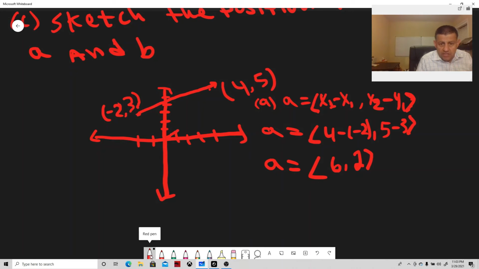I'm going from the origin to approximately, I don't think this is correct. I mean, technically it's correct, but the scaling in this is hard to do with this. But I have 6, so I gotta go 6 over, up 2.